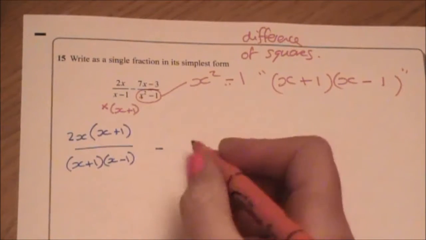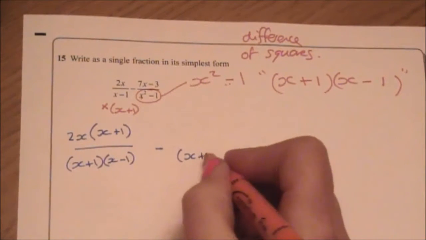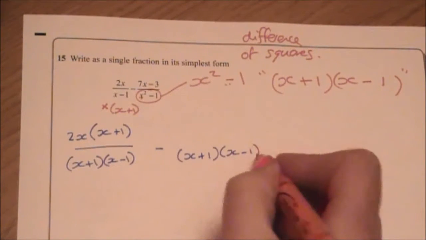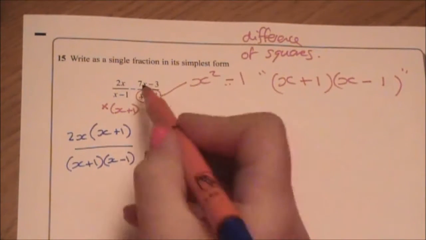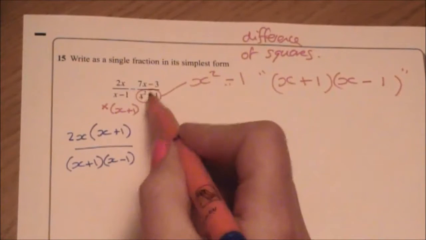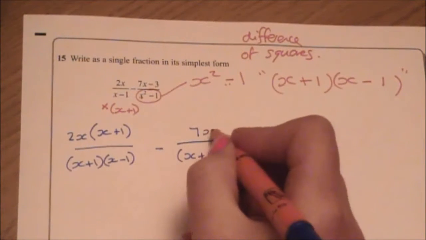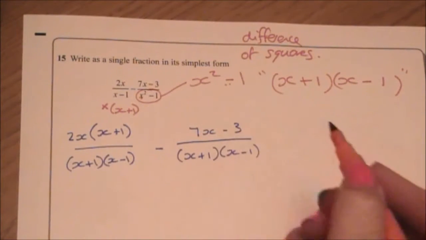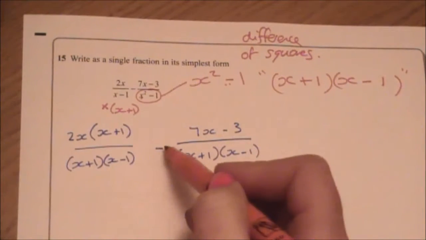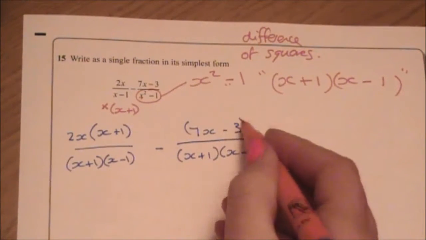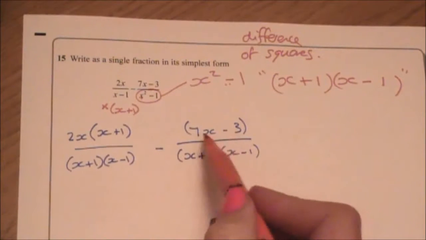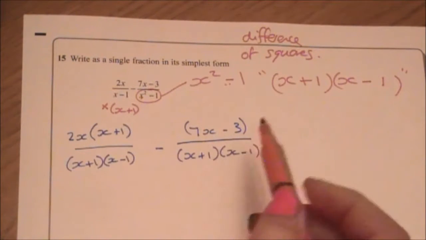My second fraction is going to have the same denominator, x plus 1, x minus 1. And because I haven't had to change this denominator, I do not change the top. I keep it as 7x minus 3. However, because there's a negative between the two fractions, I'm going to bracket off that numerator.